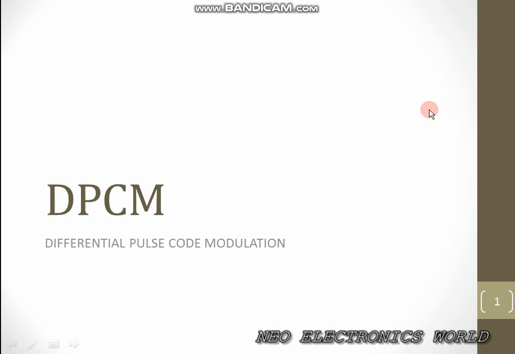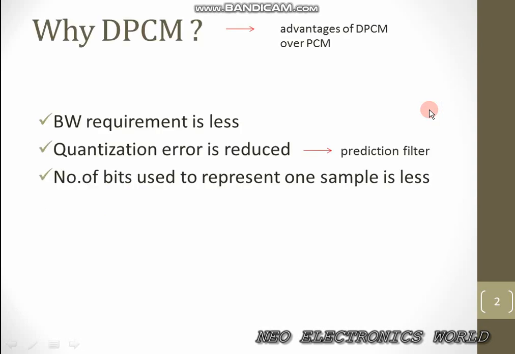Just have a look at what DPCM is. Why do we choose DPCM? That's the first question. Why use DPCM? It's because the bandwidth requirement for DPCM is comparatively very less when compared to PCM. Also the quantization error is reduced by the usage of the prediction filter, as the prediction filter will predict the value of the previous sample.